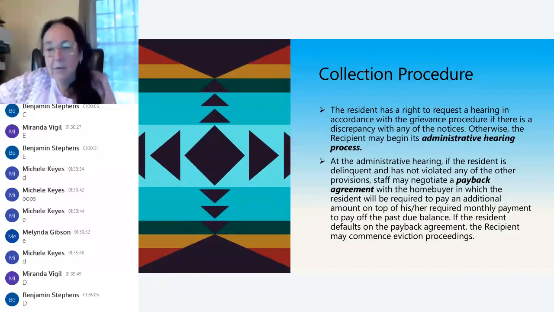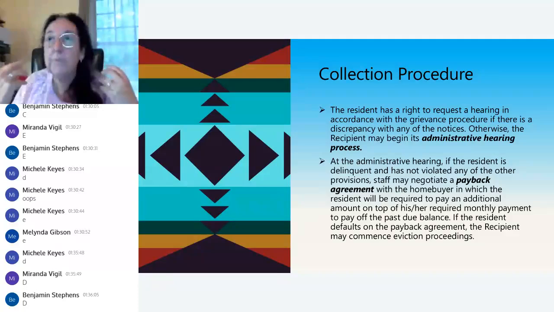At the hearing, if the resident is delinquent and has not violated any of the other provisions, you can negotiate a payback agreement with that home buyer or renter, in which the resident will be required to pay an additional amount on top of their required monthly payment. This is something you guys need to know.